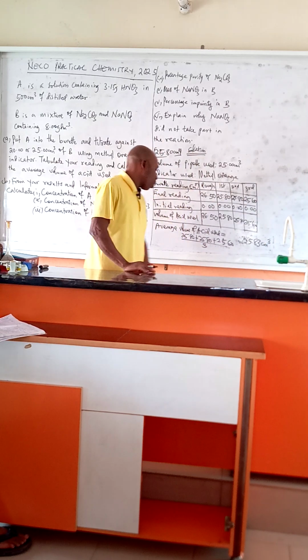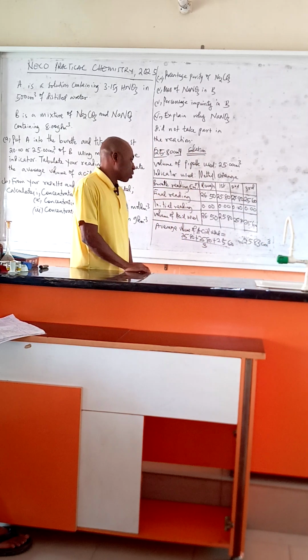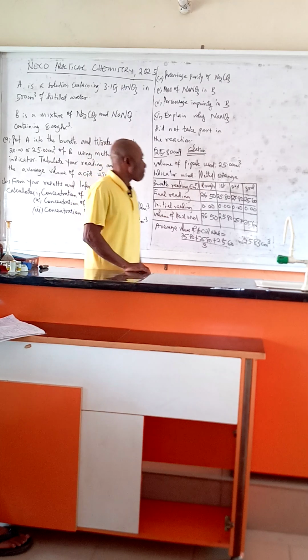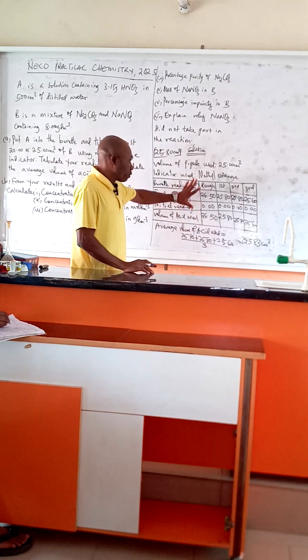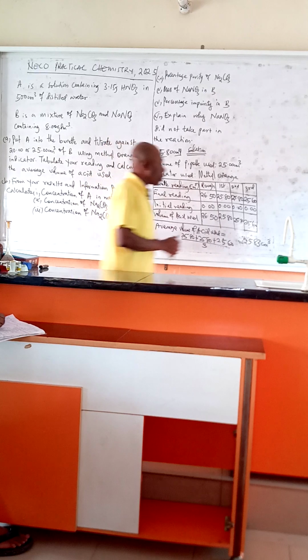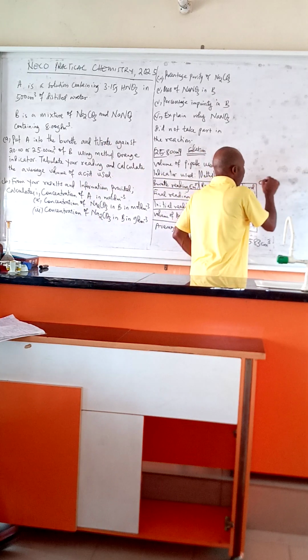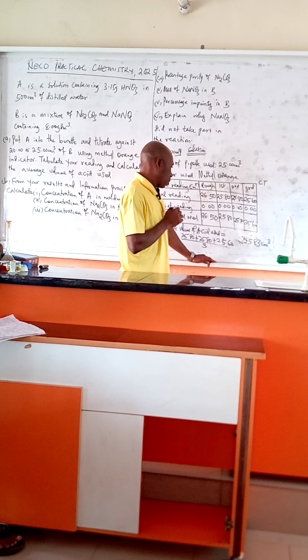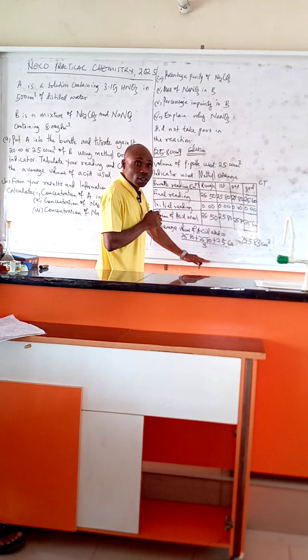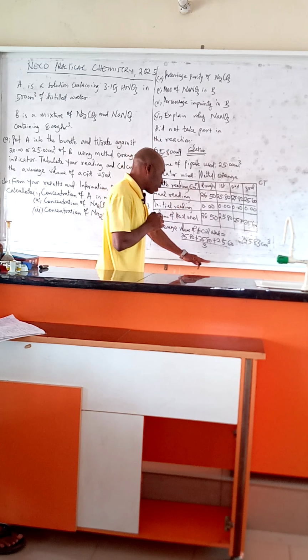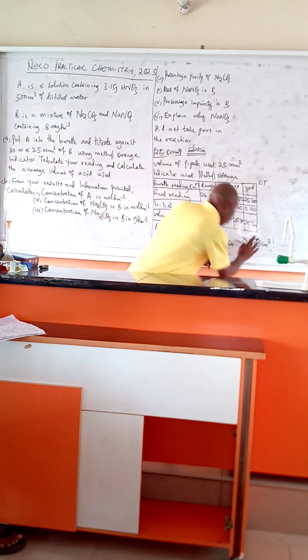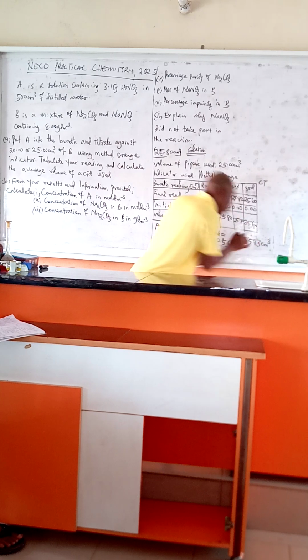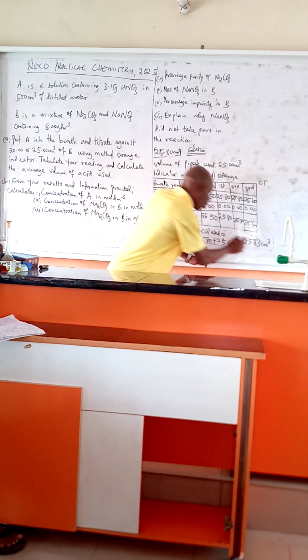This becomes our average volume of acid used. Then you could use this value generated. From here, you already have what is called CT, complete table. 25.73. Okay.